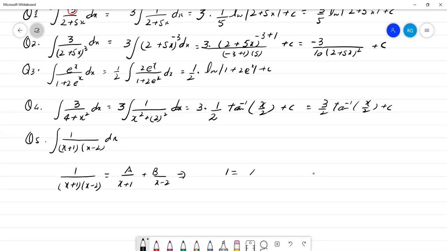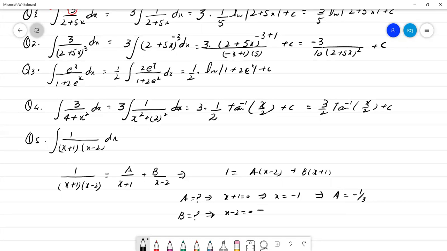Simplify: 1 is equal to a times (x minus 2) plus b times (x plus 1). If you want to find the value of a, then you have to put x plus 1 equal to 0. This implies x is equal to minus 1. So the answer of a will be minus 1 by 3. If you want to find the value of b, then you have to put x minus 2 equal to 0. This implies x is equal to 2. So the value of b will be 1 by 3, if I'm not wrong.